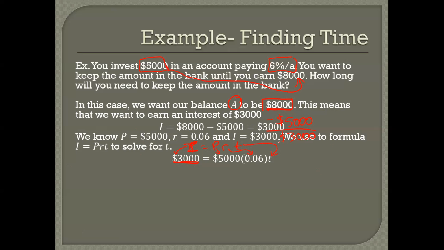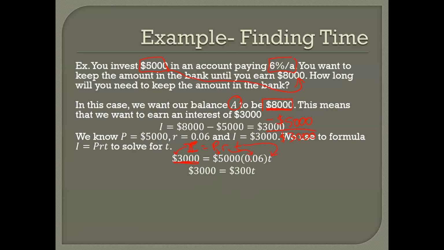So this question is kind of backwards from the other ones, right? In the other questions, you're given the principal amount, the time, and the interest rate. Now we're working backwards. You are given the total balance, the principal amount, and the interest rate, but you're not given the time. So all we have to do is work backwards here.